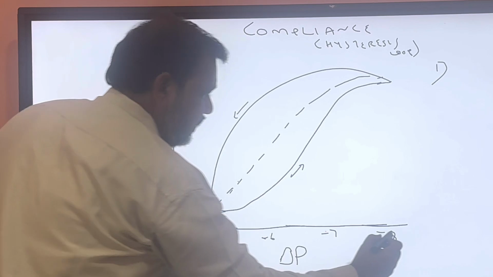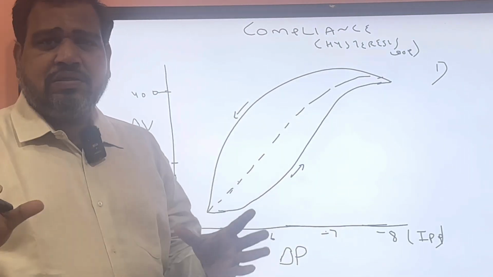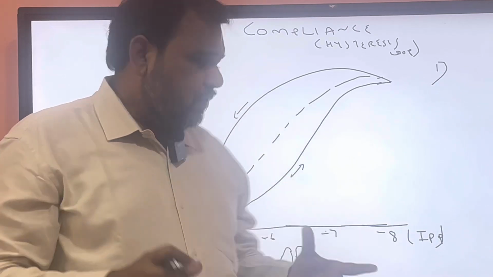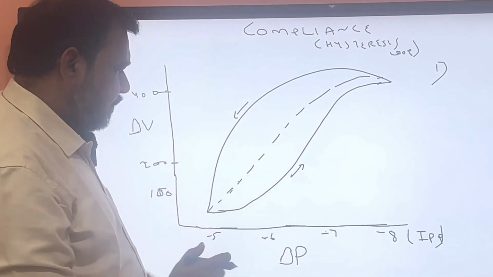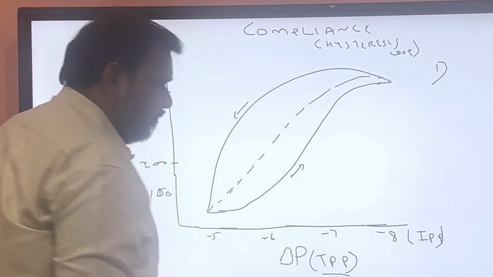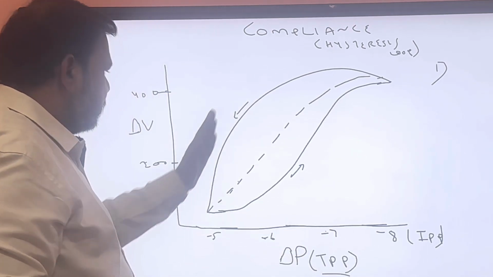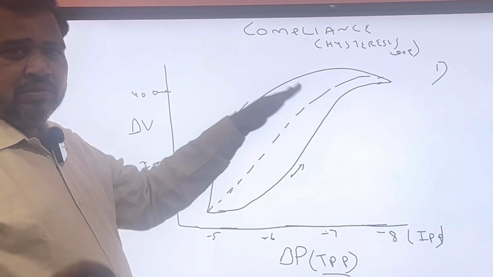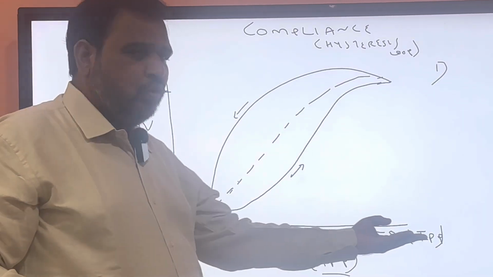This is what I have given: intrapleural pressure. So, we all know compliance is the change in volume for a given change in pressure. If I am going to discuss lung, this should be transpulmonary pressure. So, for the change in transpulmonary pressure, how much volume the lung expands, that is called compliance. Since I want to make the numbers easy, I have put it as intrapleural pressure.